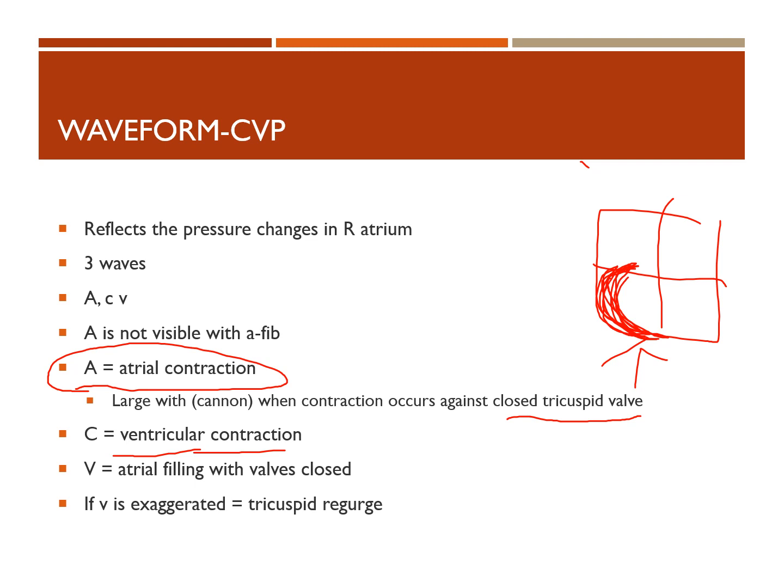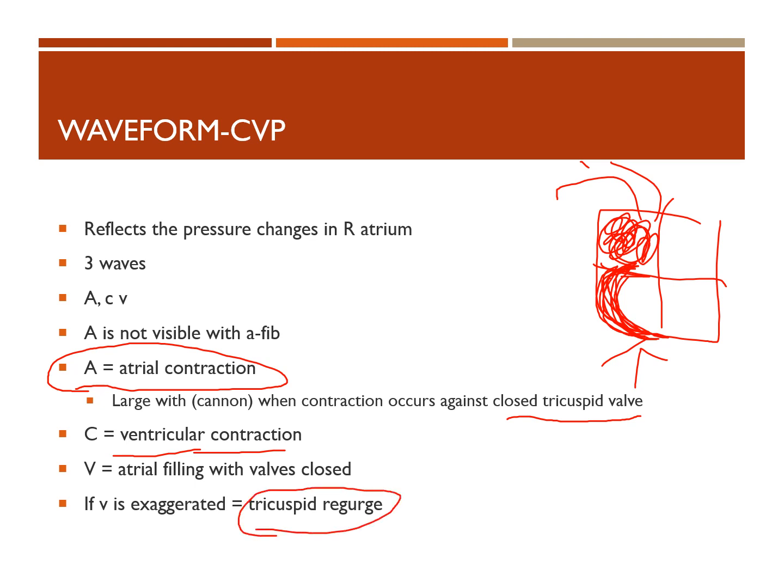The V wave is the last one, is filling with the valves closed. So the atria is being filled up with the valves being closed. If the V wave is big, that means there's tricuspid regurg.